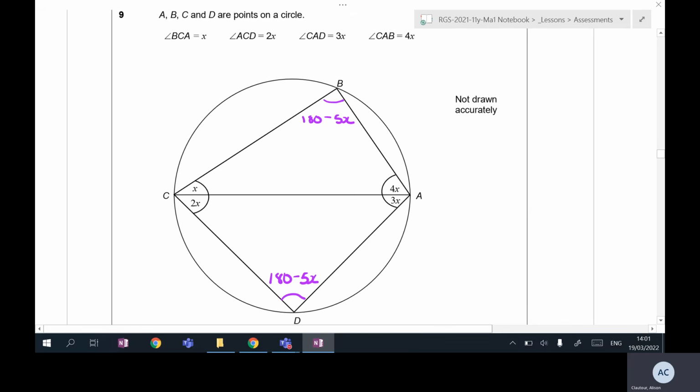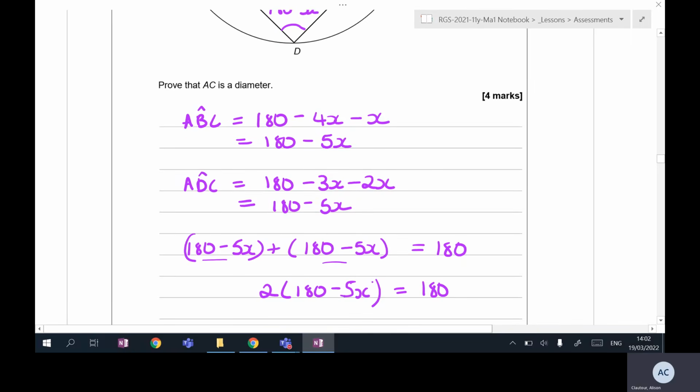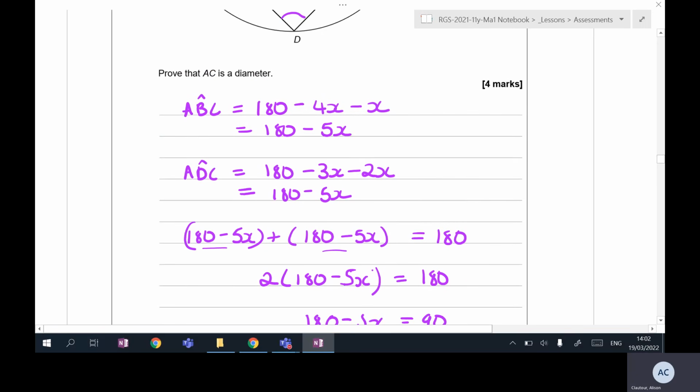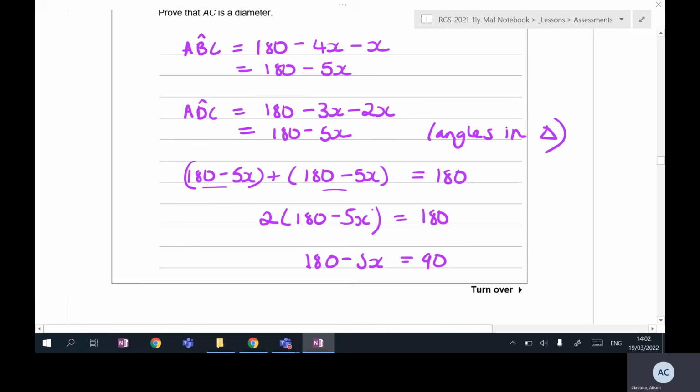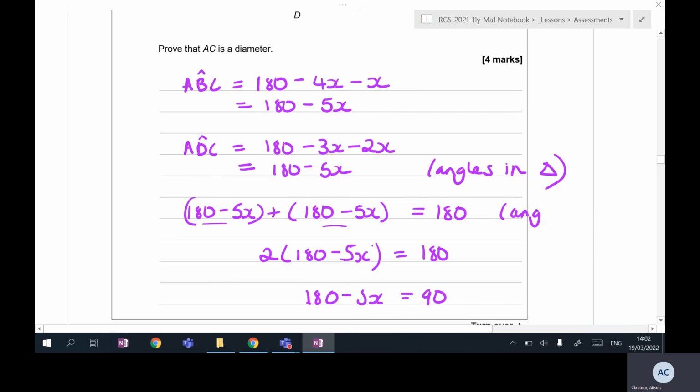So if we look back at the diagram, because I know those two angles are 90, if we think about the fact that angles in a semicircle has to be 90, so therefore this has got to be a semicircle and AC has got to be the diameter. Okay, so I'm going to put some reasoning here, not entirely necessary, but just so it's better to put too many reasons than not enough. Okay, so this one was angles in a cyclic quadrilateral.